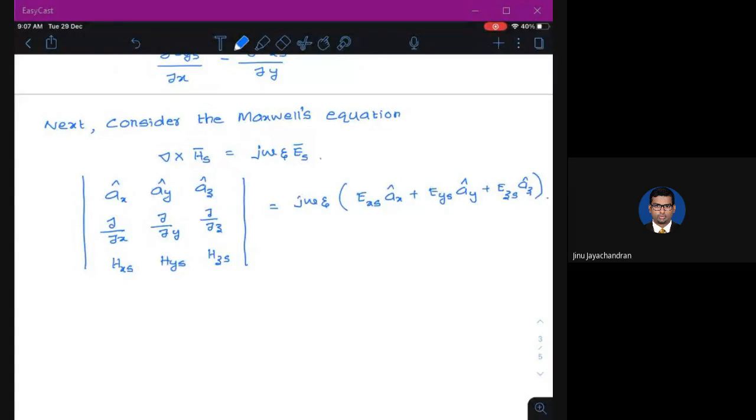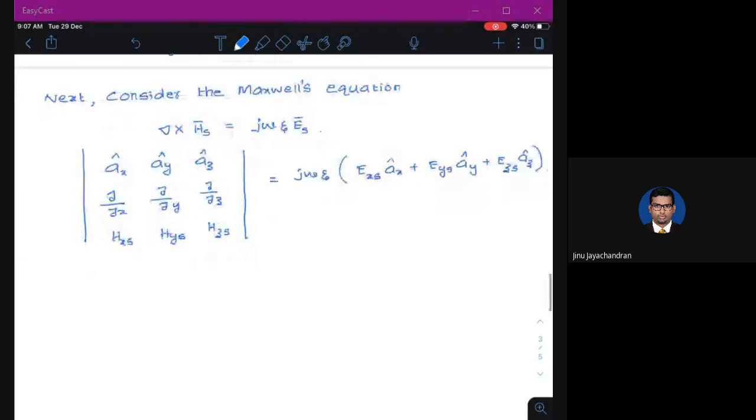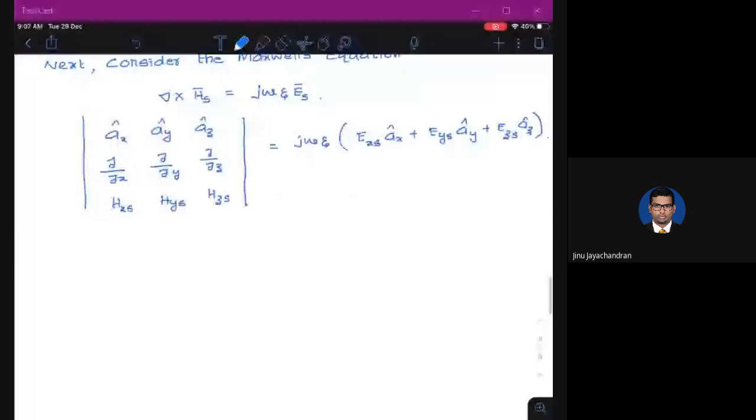Just the same way that we have derived in the previous equations, we are going to derive a similar expression using this Maxwell's equation. The steps are exactly the same. There is not much difference, in fact there is no difference at all.